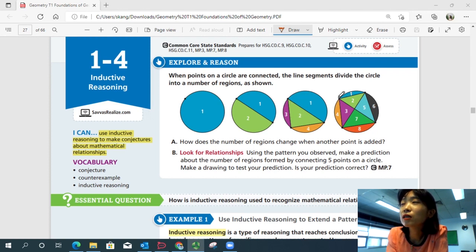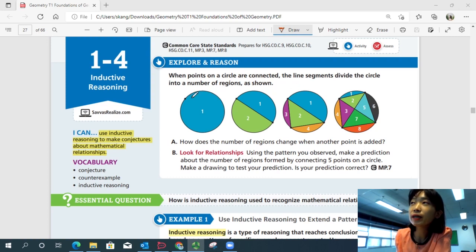And then the fourth one, how many chords do we have? 1, 2, 3, 4, 5, and 6. 6 chords. And how many parts, how many sections do we have? 8. So how does the number of regions change when another point is added?